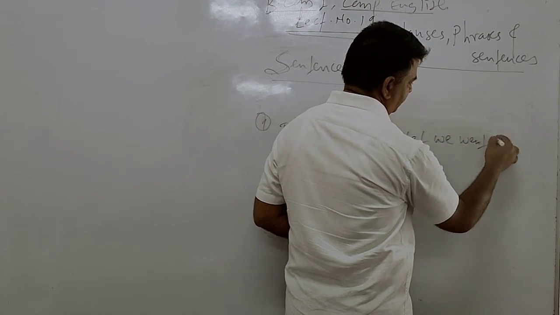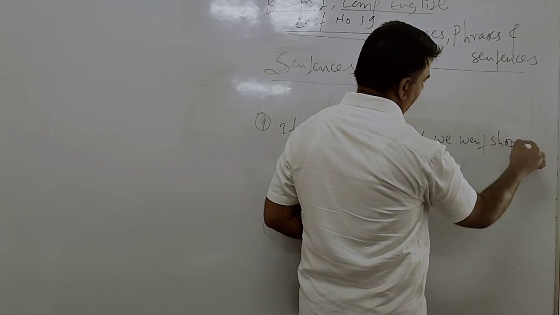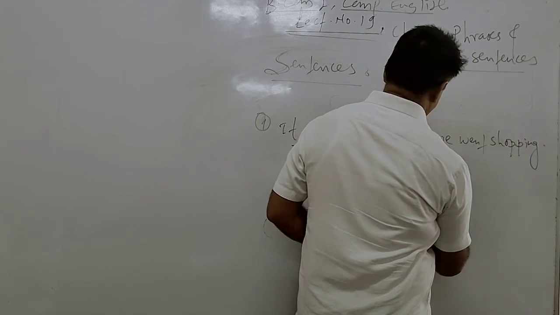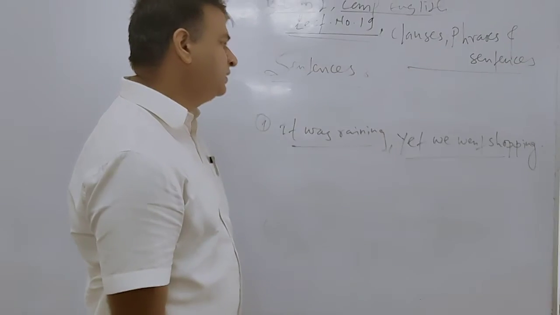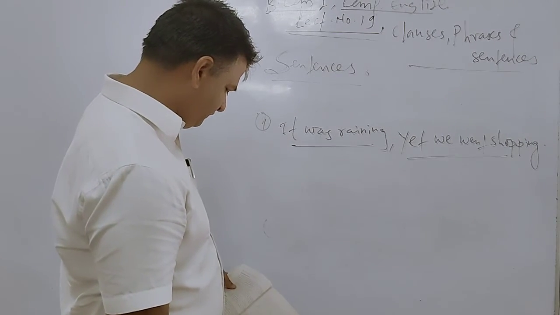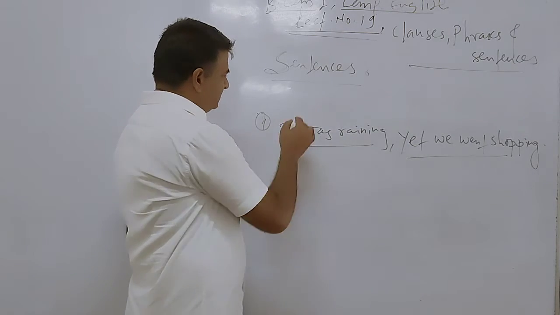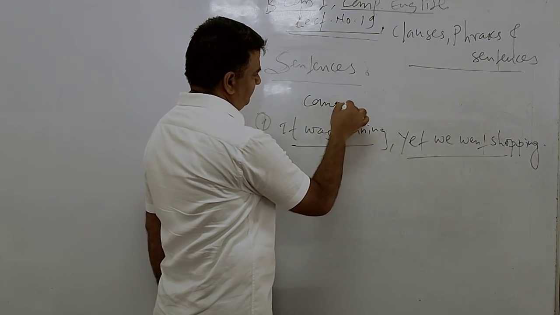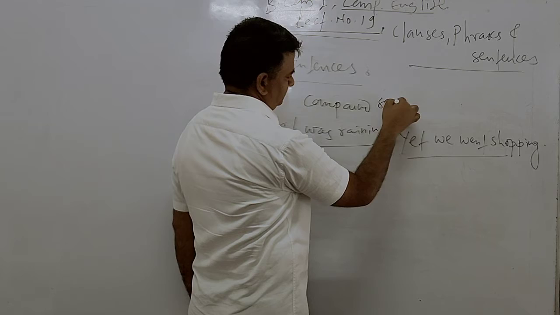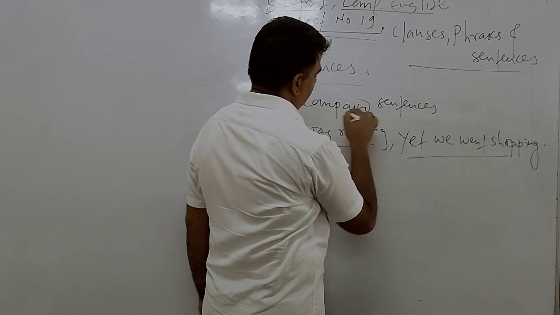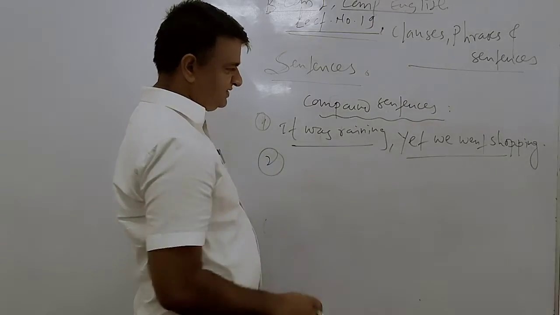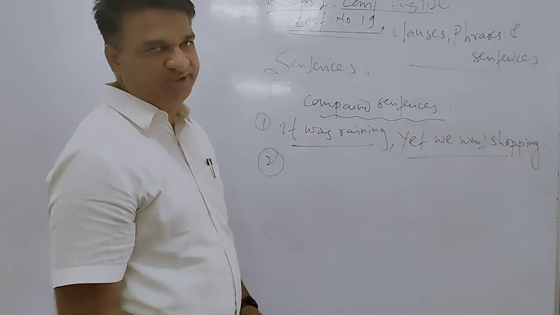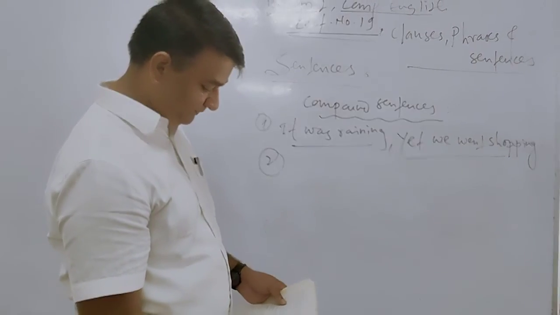This is an example of compound sentences, meaning two sentences are attached together with the help of this "and".